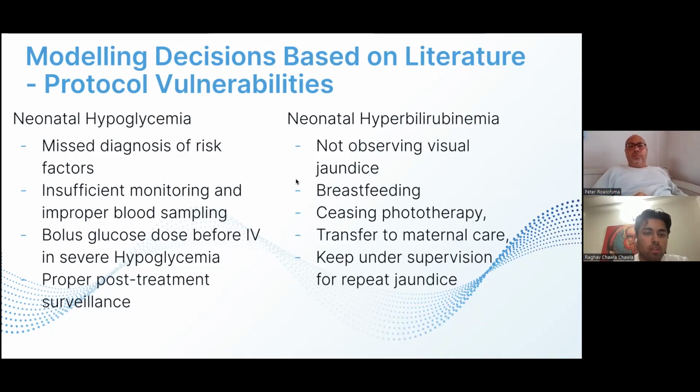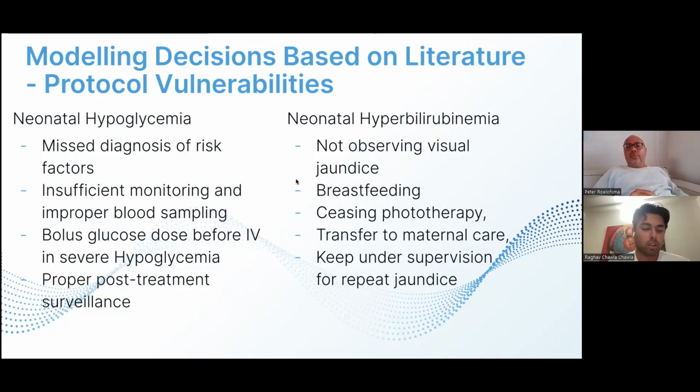So the vulnerabilities in neonatal hypoglycemia are misdiagnosis of risk factors because, as I said, we're focusing on asymptomatic cases where the doctor really needs to pay attention and screen the baby beforehand. There could be insufficient monitoring and improper blood sampling. And this would mean that if the doctor doesn't do this at regular intervals, the hypoglycemia could increase again into a severe case.